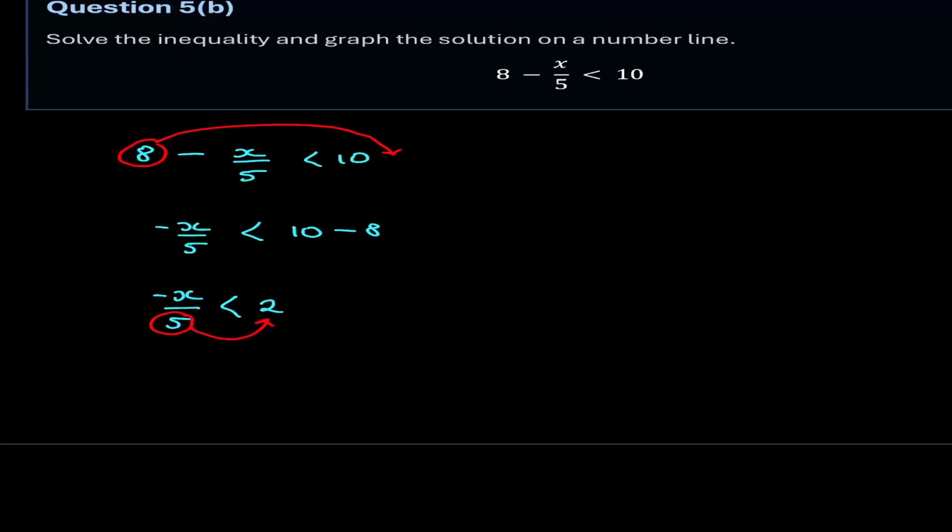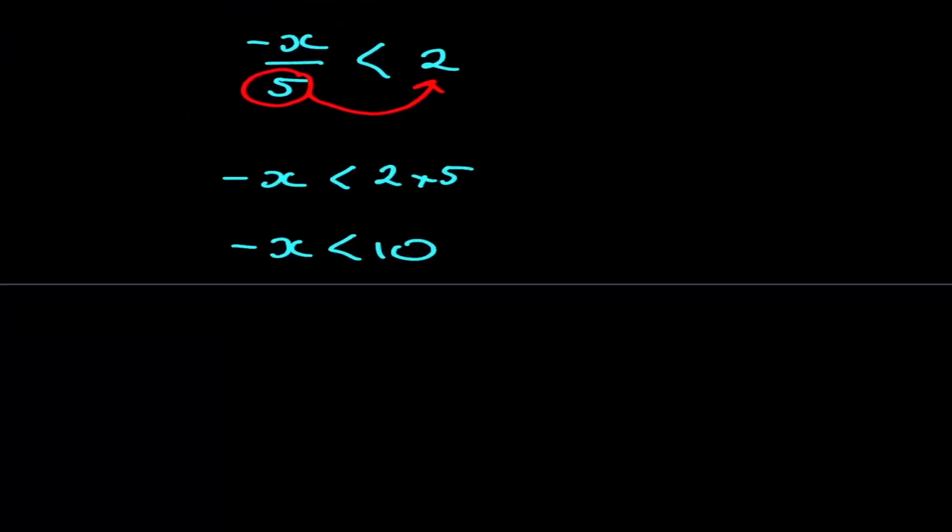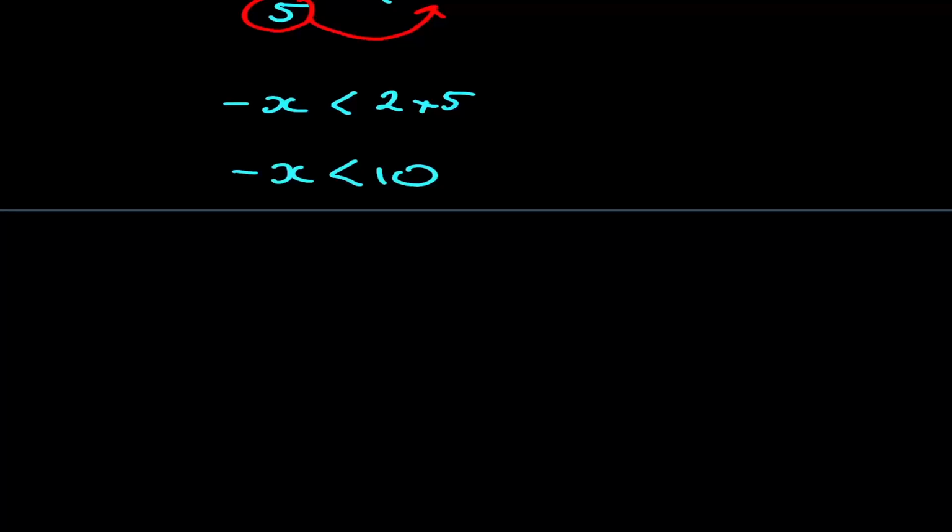Whoops, there we go. I was just adding a page there. So we're left with neg x on this side is less than 2 times 5. And 2 times 5 is 10. Okay, so we've got neg x is less than 10.